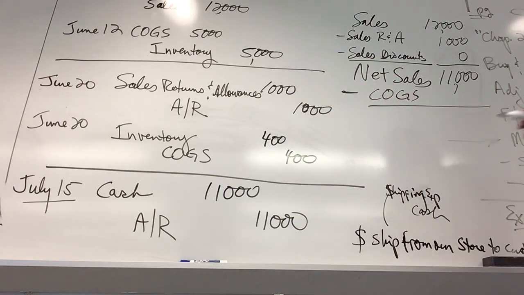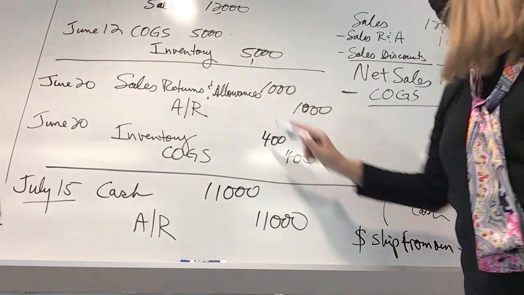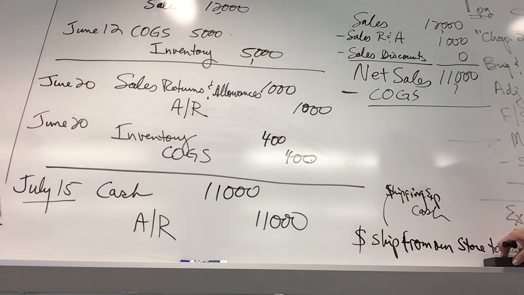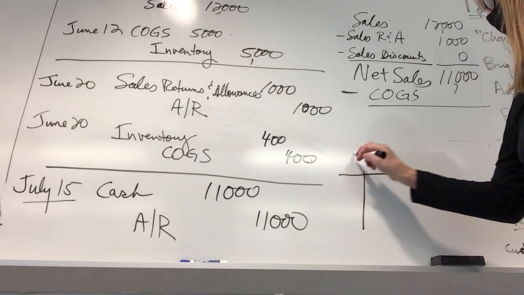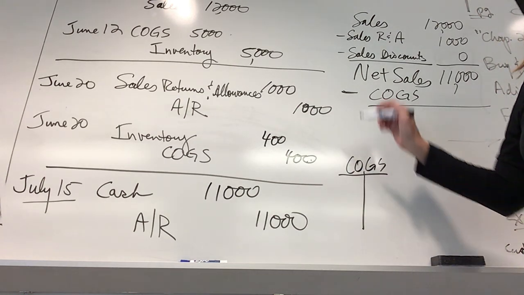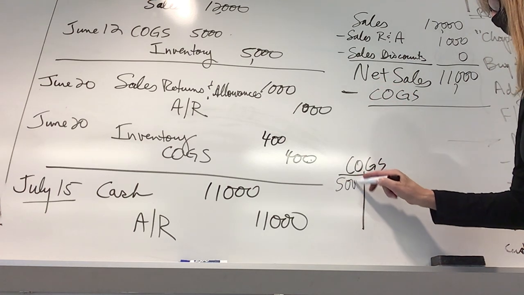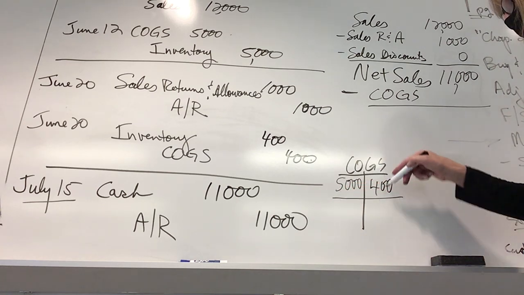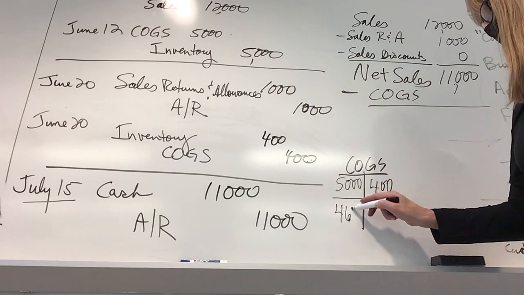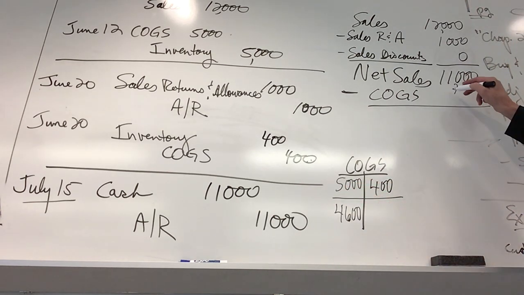Now, one thing I should have mentioned, remember our cost of goods sold changed as well because we had this return. So, again, sometimes you might want to do a little T account. We had cost of goods sold of $5,000. Then we credited it for the return. So we're down to $4,600. Okay. So we're going to subtract $4,600 here.